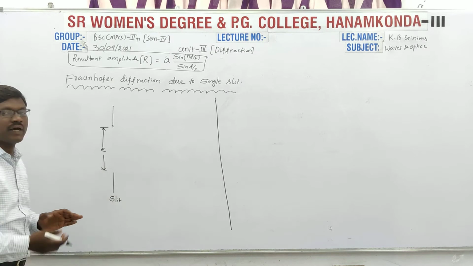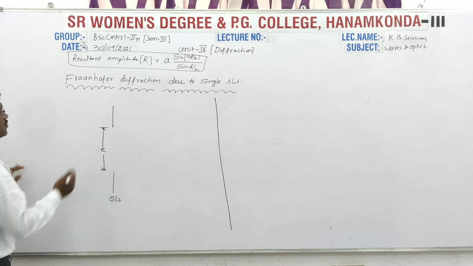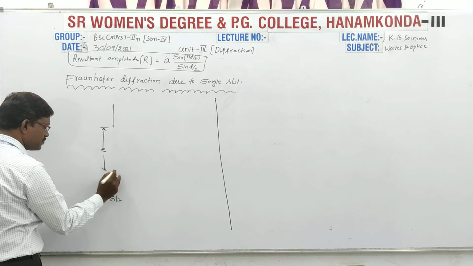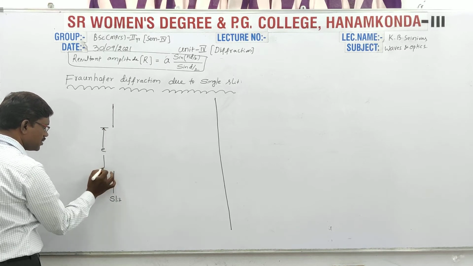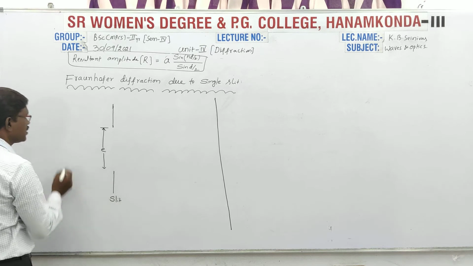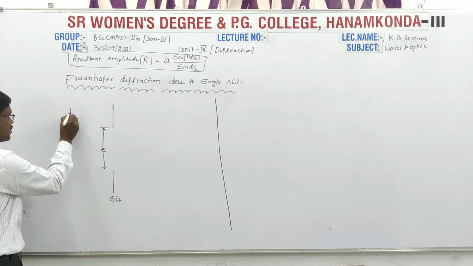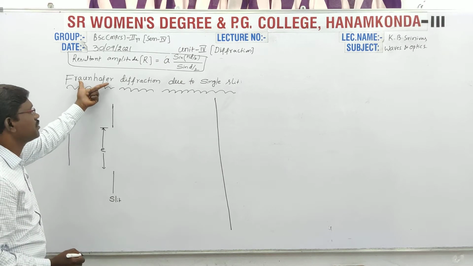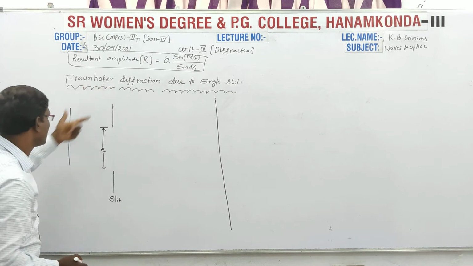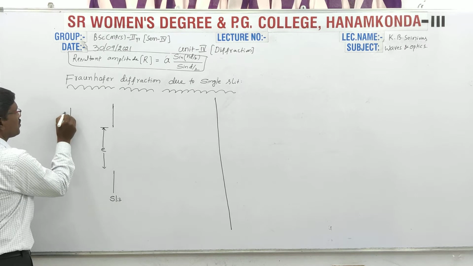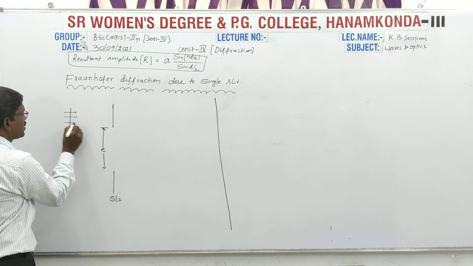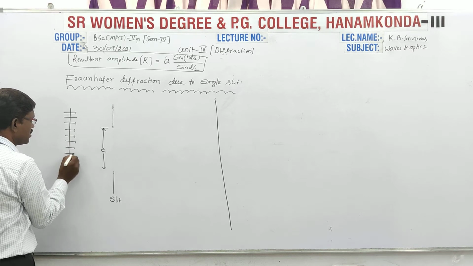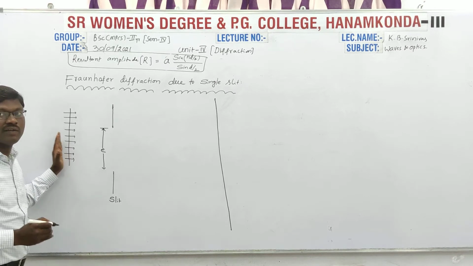Let us consider this is the position of the screen on which we can obtain the diffraction pattern. What is the shape of the wavefront incident on this slit? That is a plane wavefront. Generally waves are coming from infinite distance because we are discussing Fraunhofer diffraction. So the incident waves are traveling through larger distances, so they become plane wavefronts.